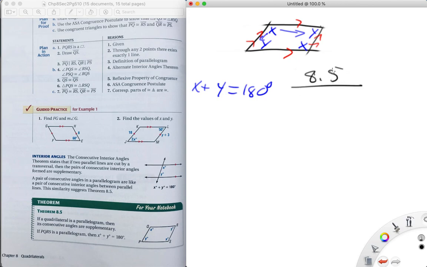What theorem 8.5 says is that if a quadrilateral is a parallelogram, then its consecutive angles are supplementary.